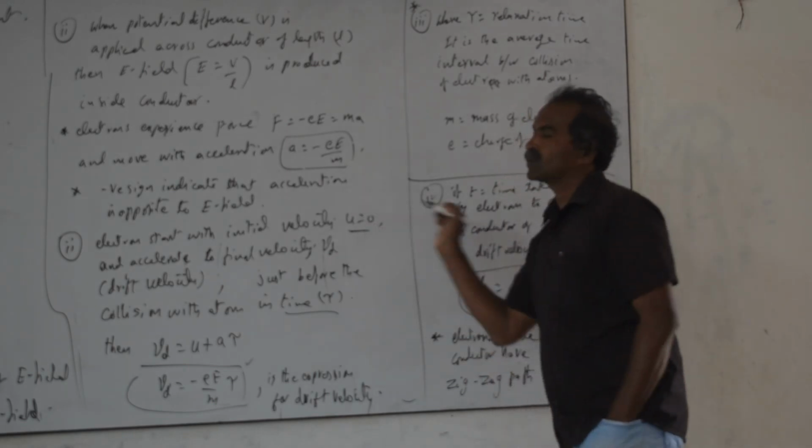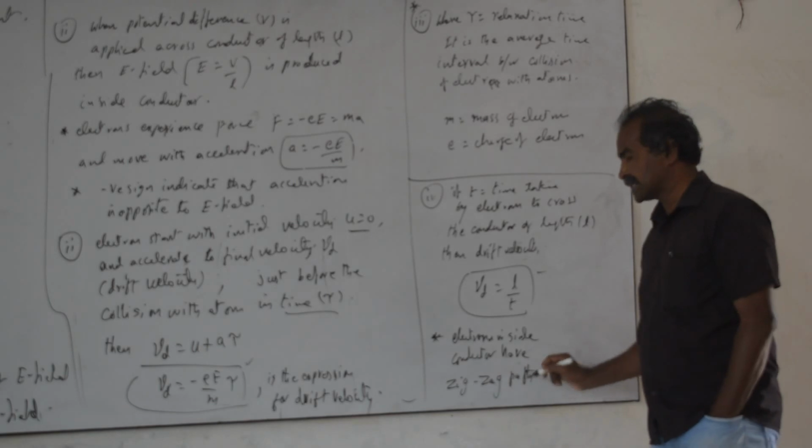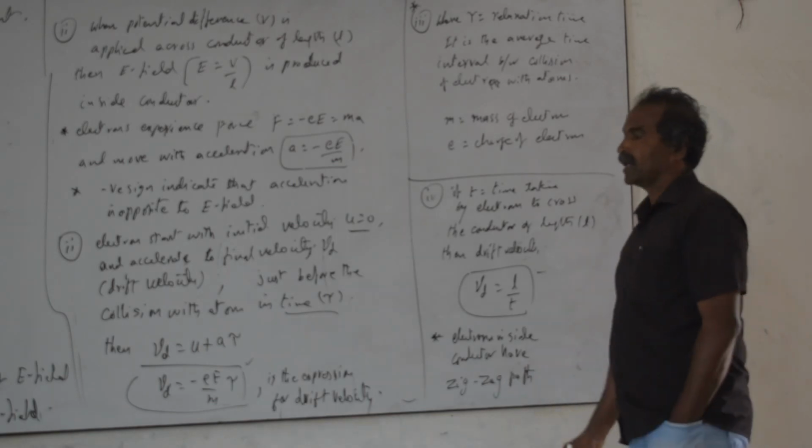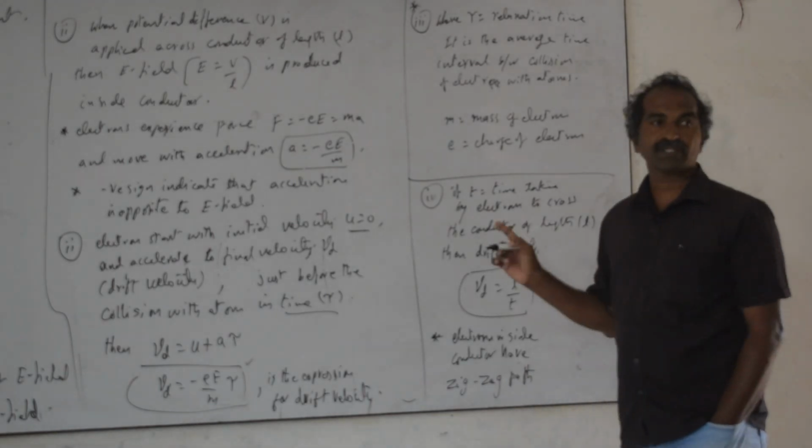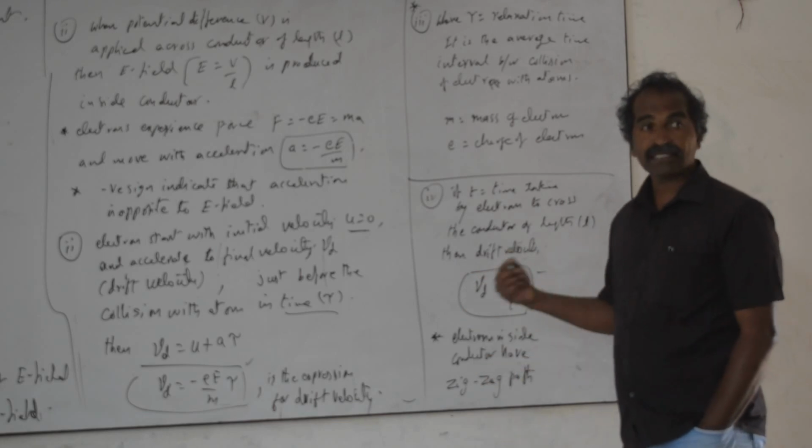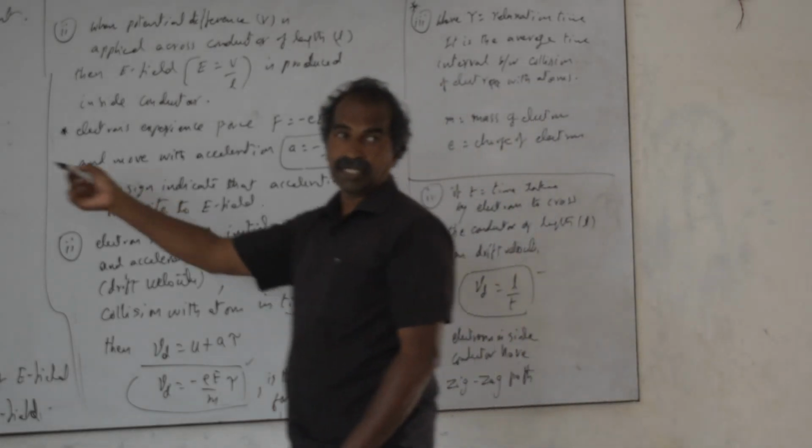Just to and fro bouncing is called a zigzag path. After each collision, the initial velocity is equal to 0. What happens to the loss of energy? It is converted into heat energy.